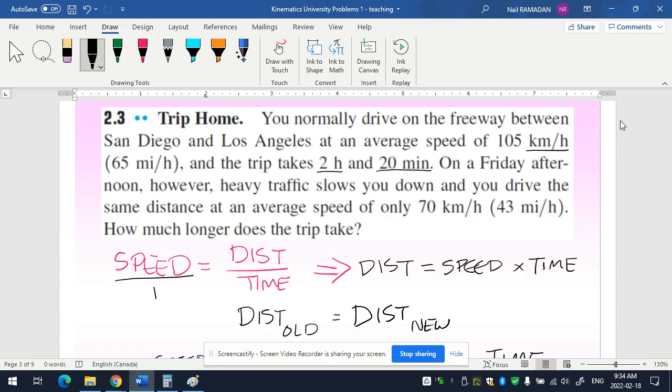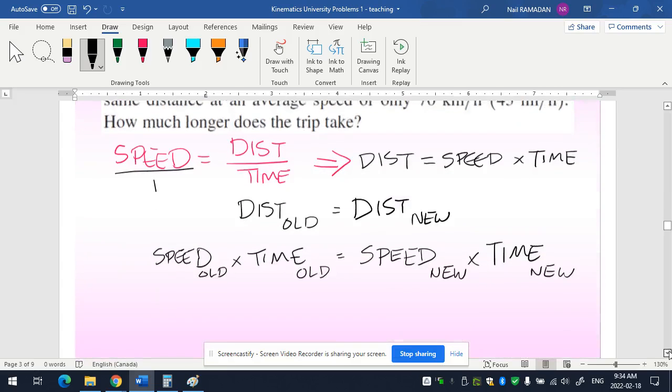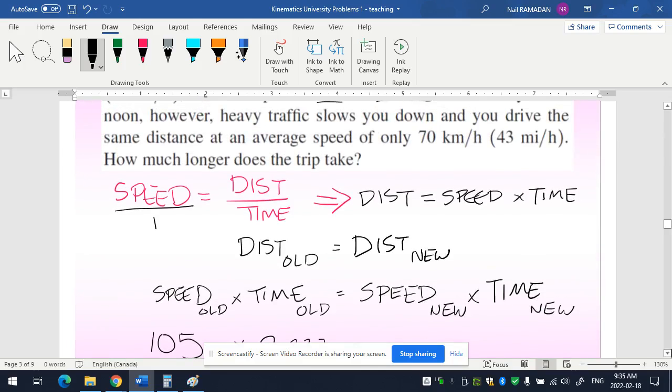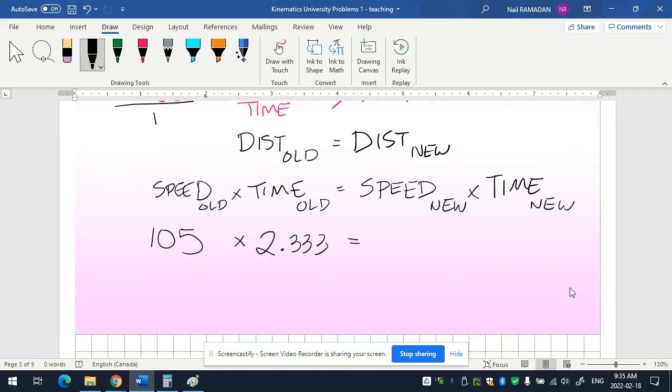So the old speed was 105 times 2.333. What's the new speed, everyone? 70 kilometers per hour. So it's 70 times what? What's the symbol for time in physics?